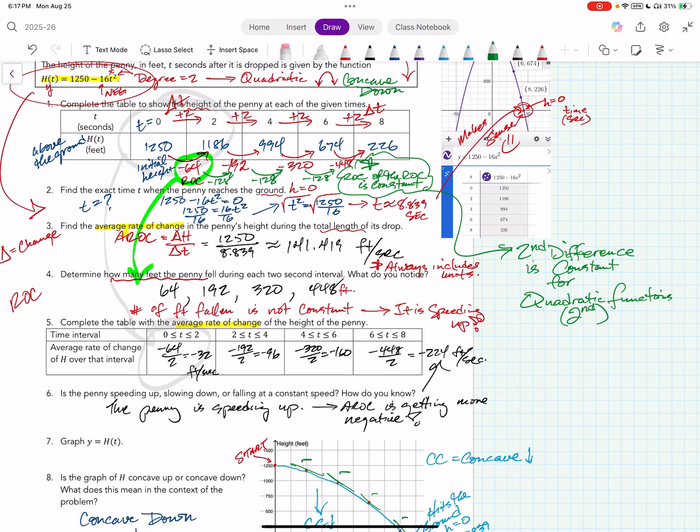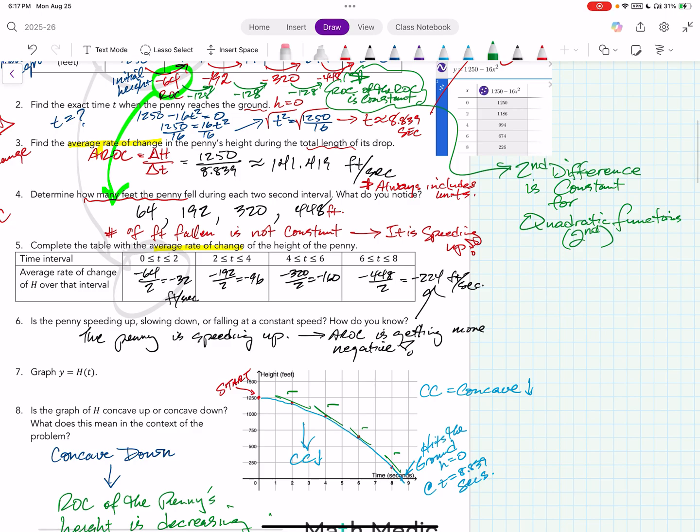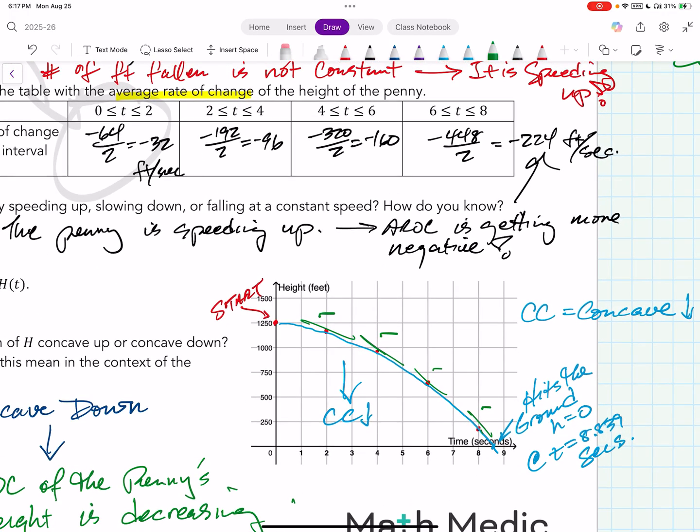Also, just to make the point, because it's always good to make the point, now watch this. I'm going to do it again with the average rate of change. If we take the rate of change of the average rate of change, is that constant? Well, let's play with numbers and figure this out. Right here, what's the rate of change from negative 32 to negative 96? You guessed it, it's negative 64. What's the rate of change from negative 96 to negative 160?